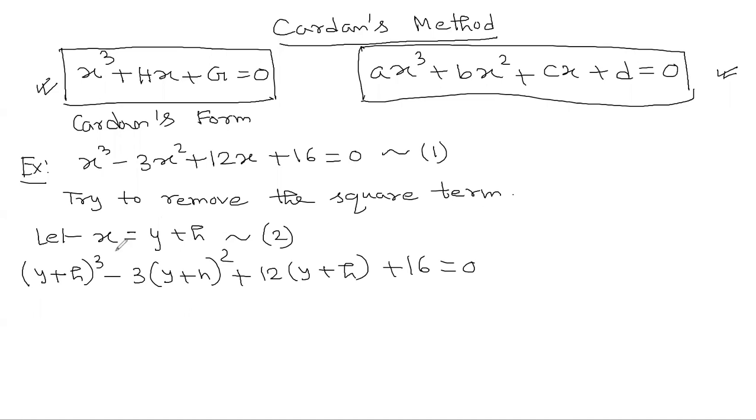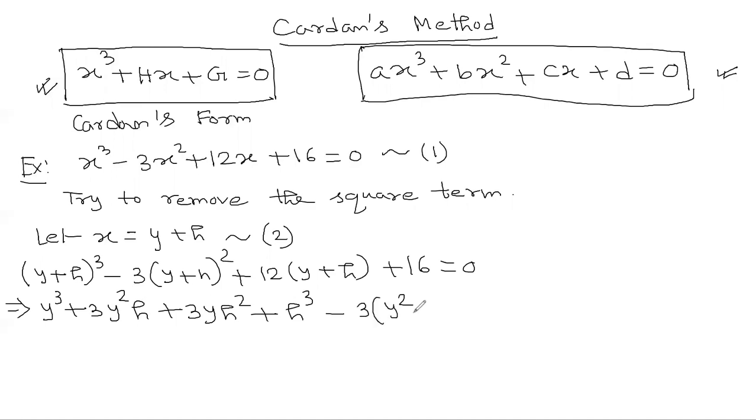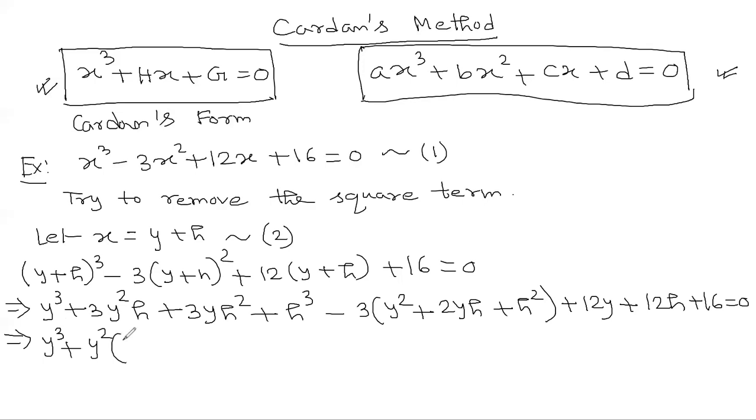If you simplify it, you'll get y cube plus 3y square h plus 3y h square plus h cube minus 3 times y square plus 2yh plus h square plus 12y plus 12h plus 16 equal to 0. If I take the coefficients of y squared together, you will get 3h minus 3.